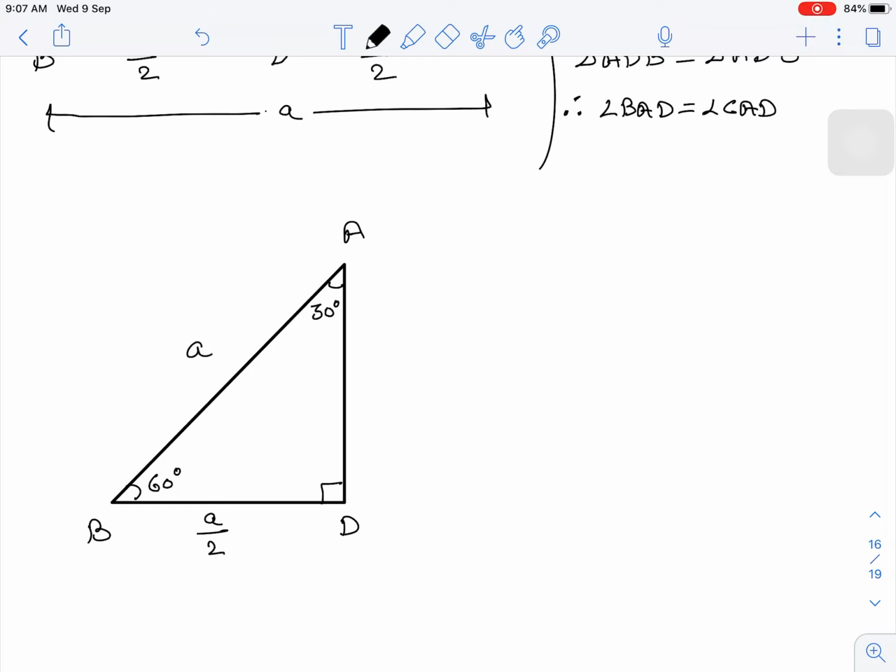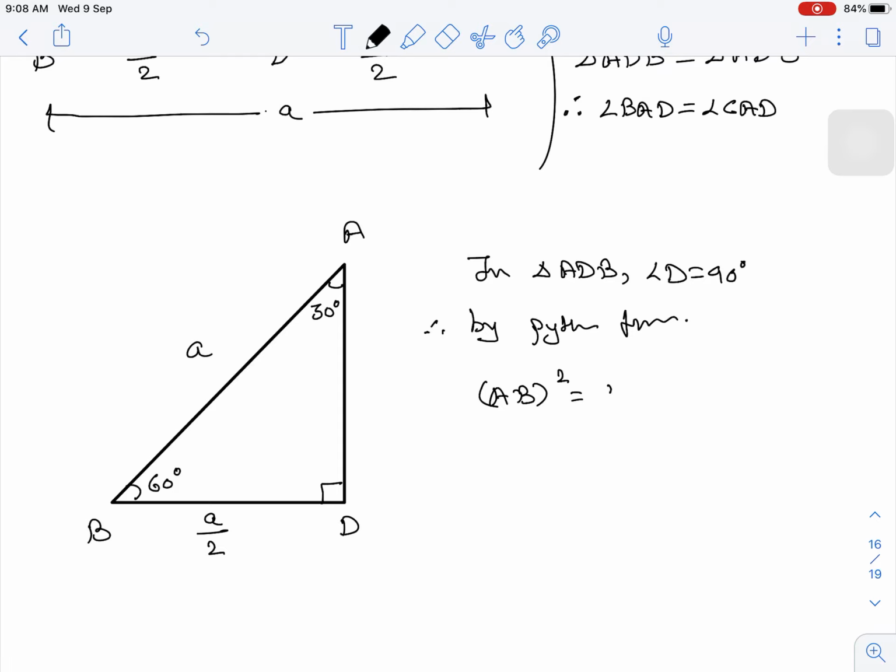Now we have to check in this right angle triangle ADB. Can we find the value of AD? Yes, we can find it by using the Pythagoras theorem. In triangle ADB, angle D equals 90 degree. Therefore, by Pythagoras theorem, AB square equals BD square plus AD square.